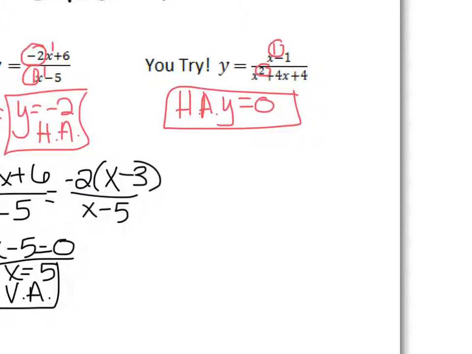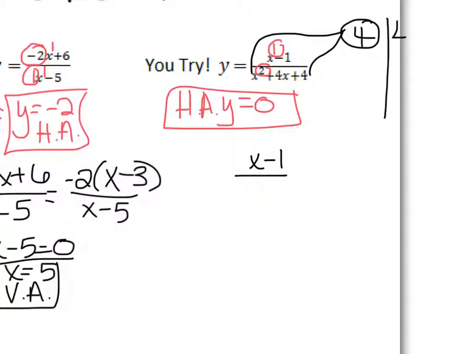Now looking for vertical, well, x minus 1 on top can't be factored. If I factor the bottom, I've got 1 times 4, and I need that to add up to a 4 as well. So the factors of 4 that add up to 4 would be 2 times 2. So my 2 parentheses in the denominator would be x plus 2 and x plus 2.